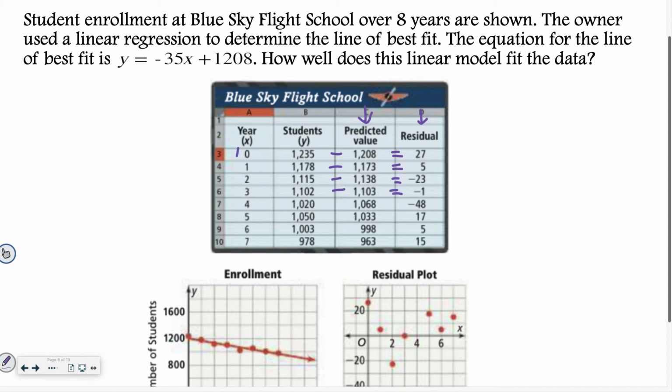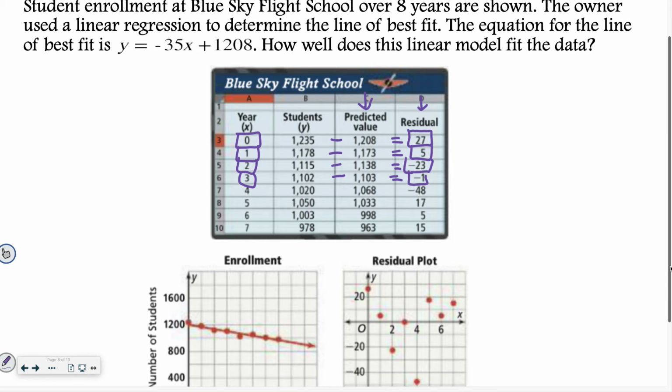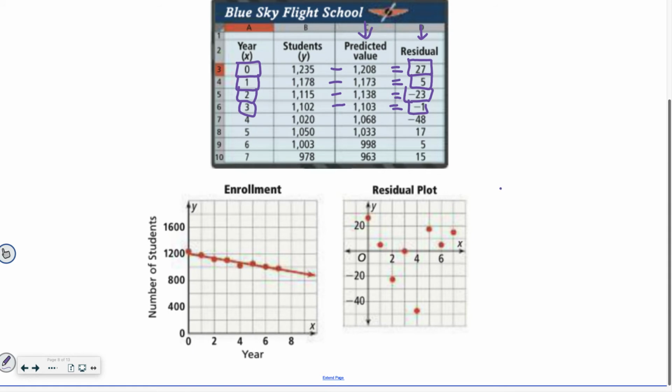And then what they do is they graph those points. So 1 goes with 5, 2 goes with negative 23, 3 goes with negative 1. And they plotted those points on the residual plot.